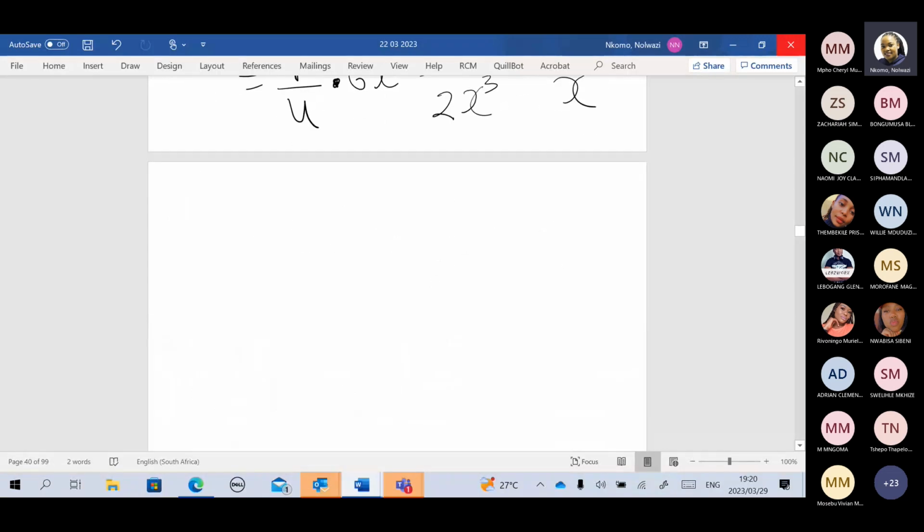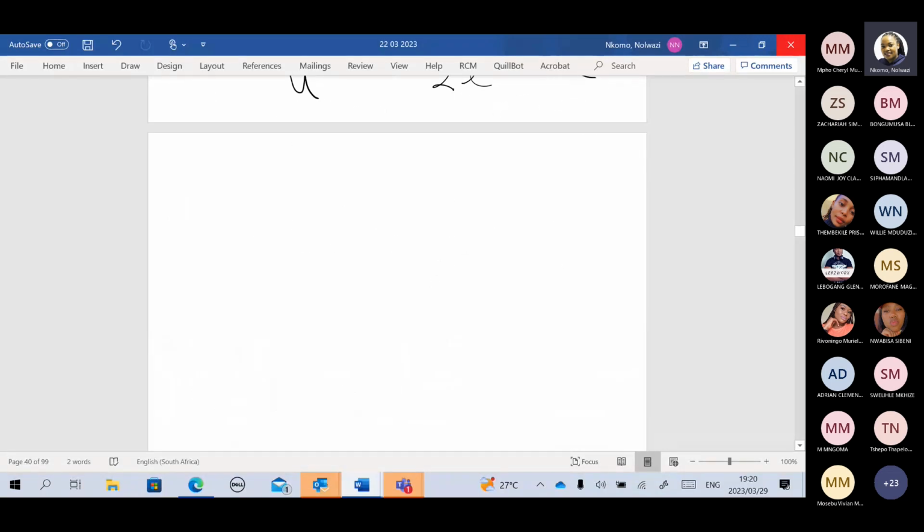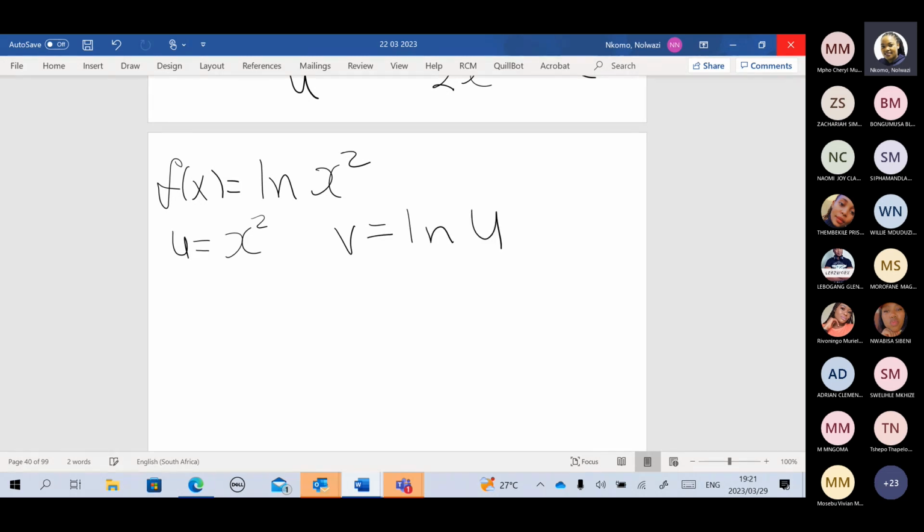Okay, let's go back to our derivative. We said f of x is equal to ln x squared, right? Here we have u equals x squared, and v equals ln u. Using the chain rule, f prime of x equals v prime times u prime.